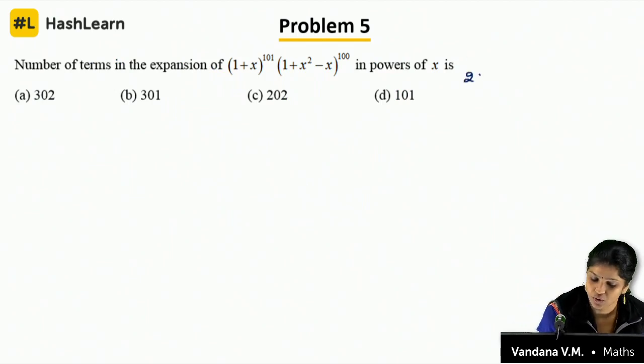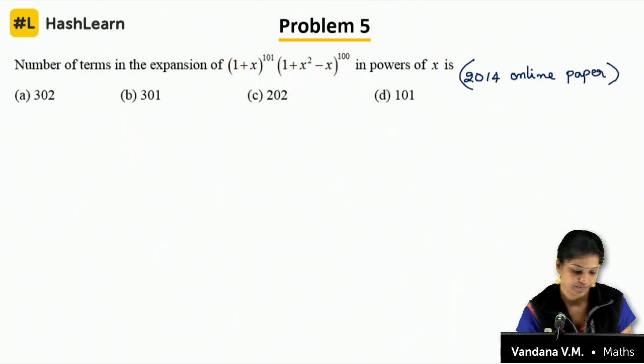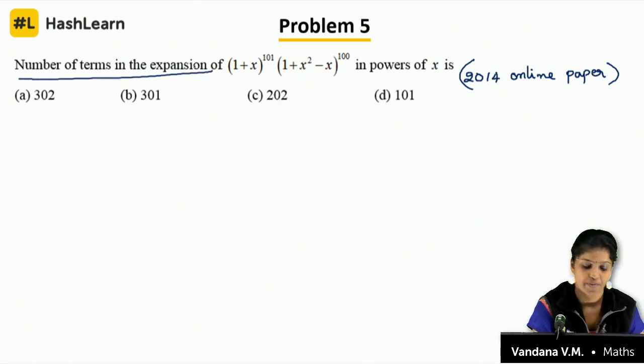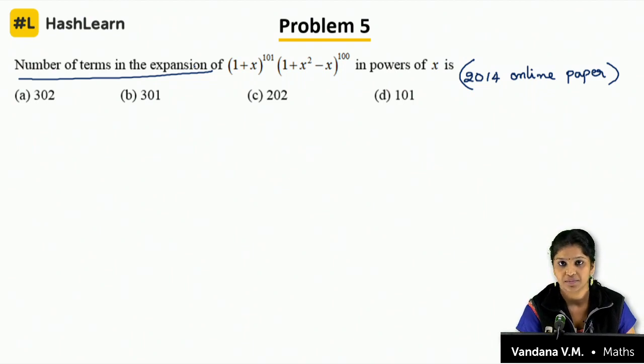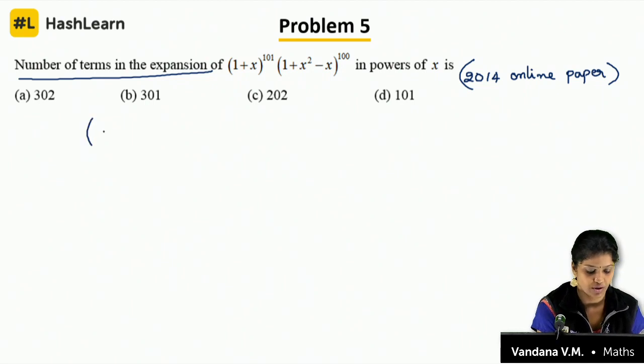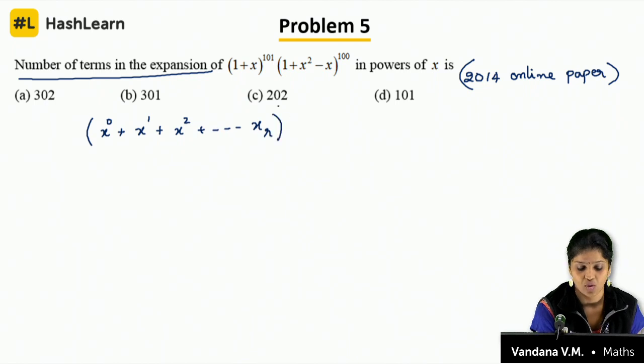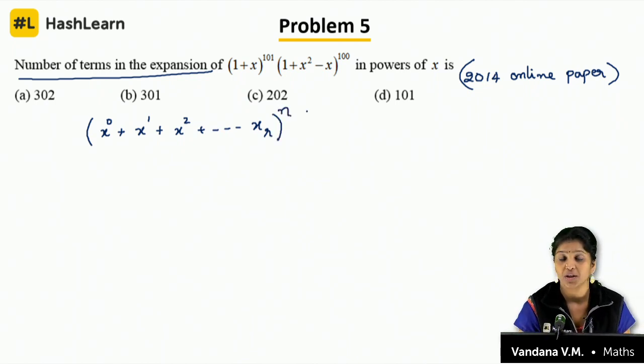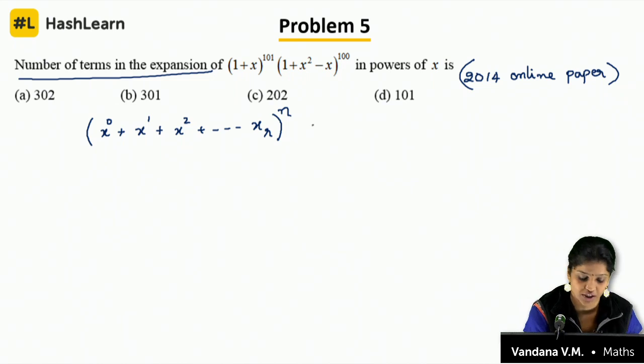This is also a 2014 online paper. Yes, children, please observe the number of terms in the expansion of... what is the shortcut to find the number of terms? Are you remembering this or not, I don't know. If you have (x power 0 plus x power 1 plus x square and so on, up to x power r) whole power n, the number of terms in this expansion, what is the shortcut, children?